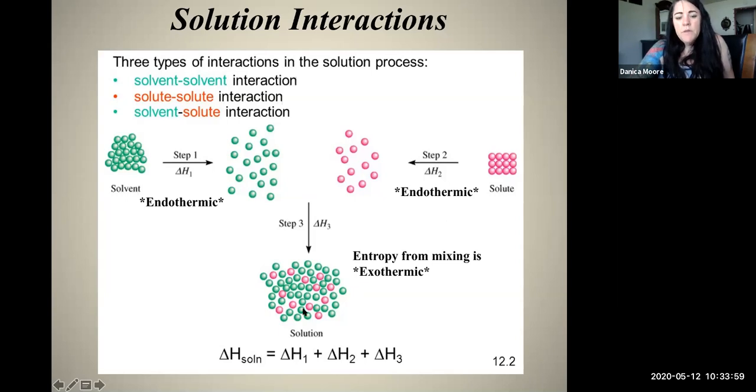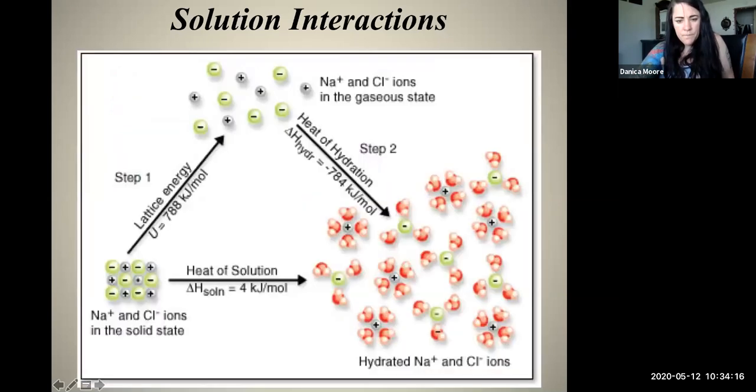So whether we have an endothermic or an exothermic delta H of solution depends on how strong the interaction of mixing ends up being relative to the strength of the original solvent-solvent and solute-solute interactions. Cool? Pulling things apart or breaking stuff is endothermic.